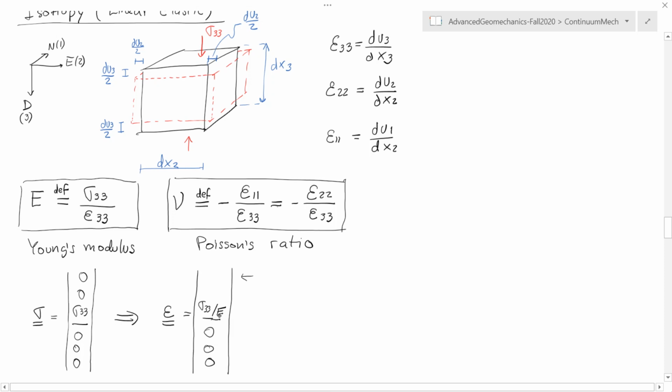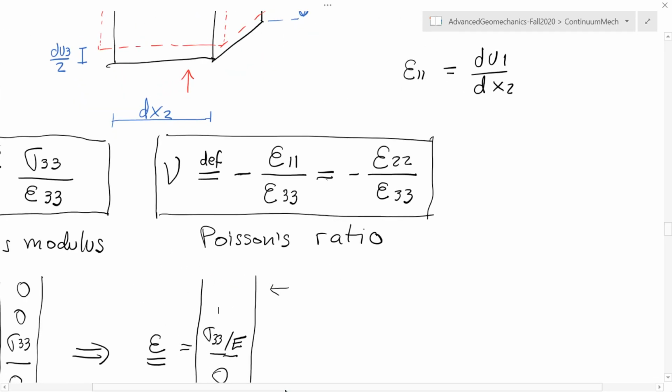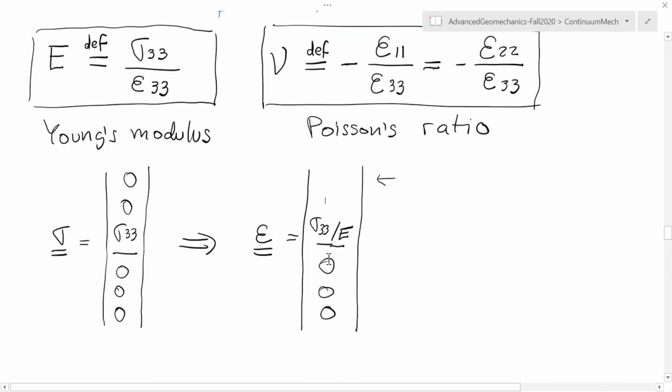But epsilon 3, I know, is sigma 3 divided by the Young modulus. So epsilon 1 is going to be equal to negative Poisson ratio divided by Young modulus times sigma 3. I need some space over here, so let me zoom in again to be able to write that in the space I have.